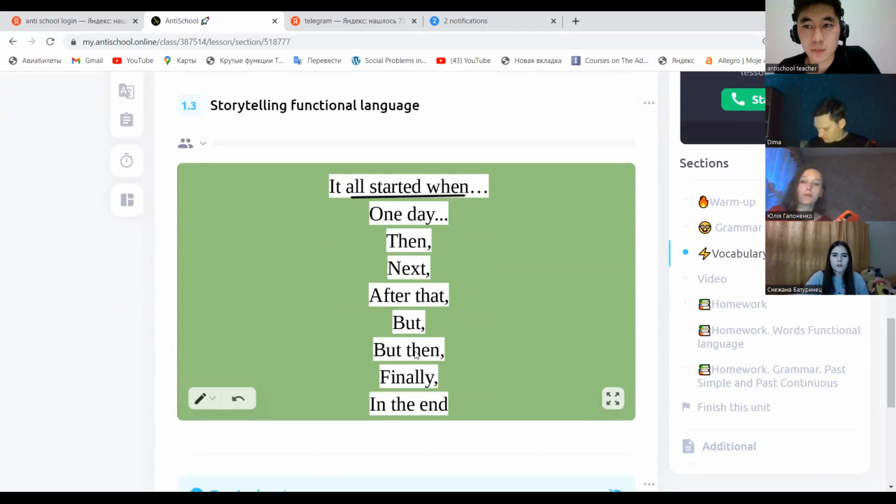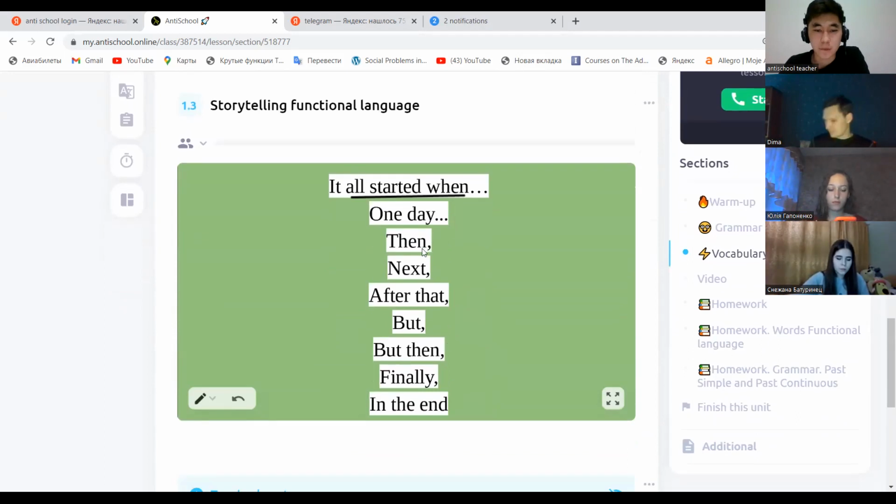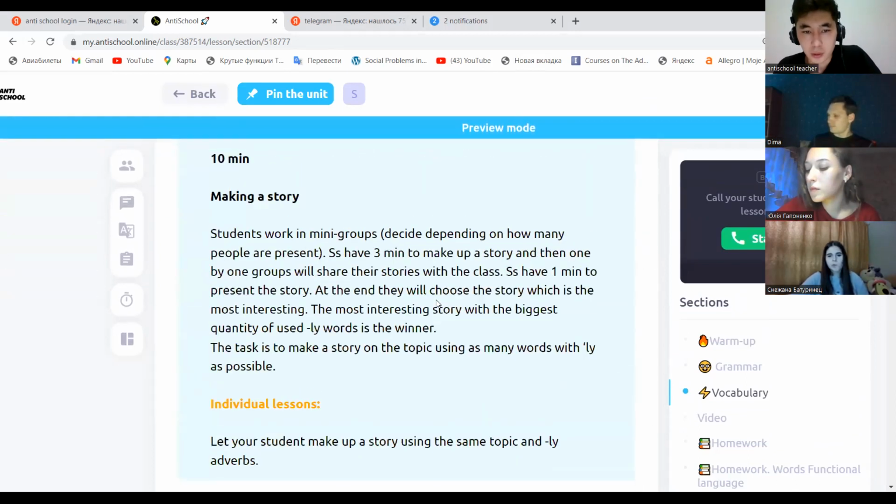These words are very important when making stories, because when you use them, you have a structure in your story. Okay, thanks.